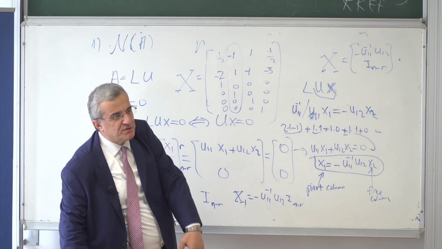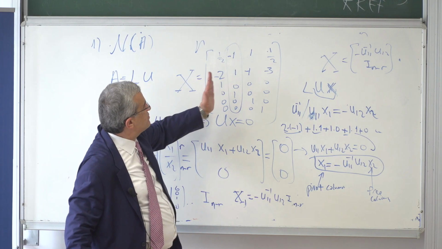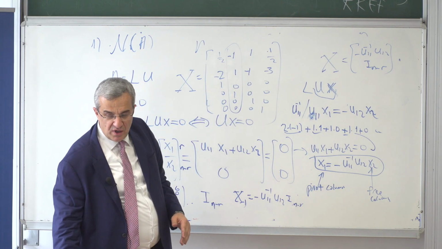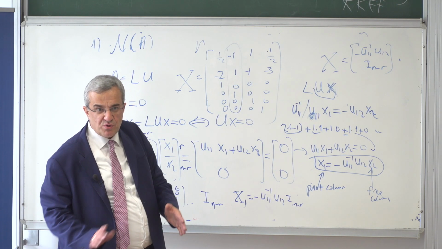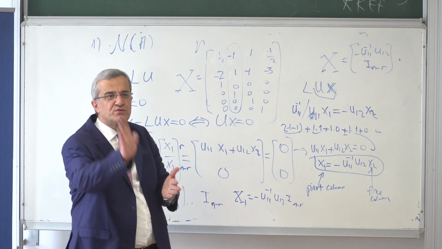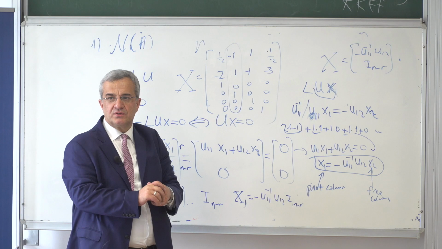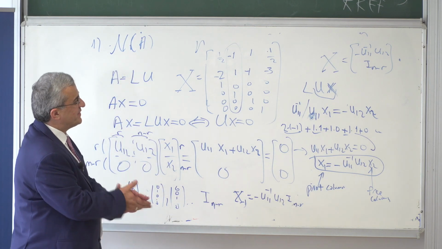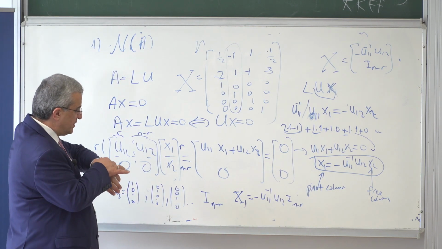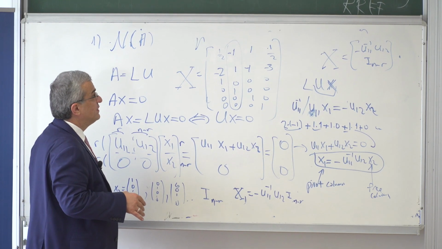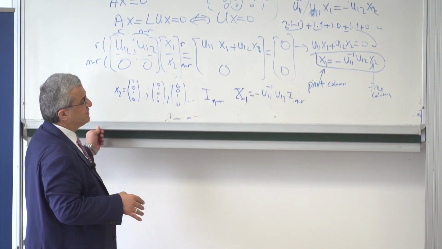So just work it out. You will see that all of these columns are in the null space of A. Did you understand it now? Who understood it now after this example? Good. Okay, this first one took a bit of time.